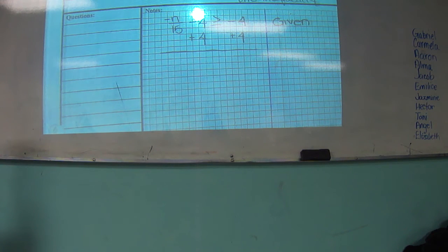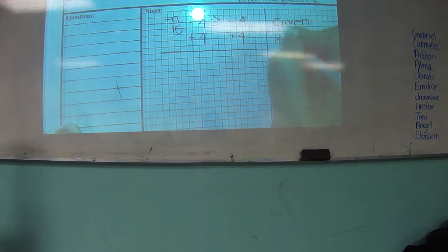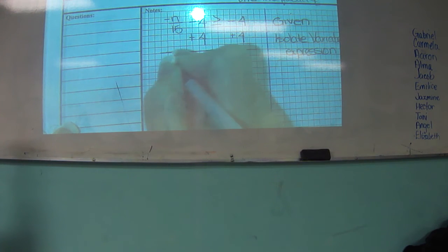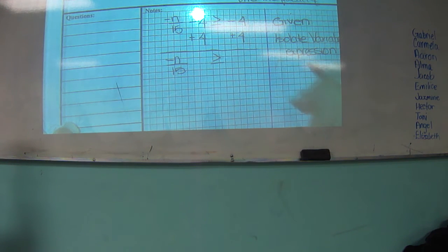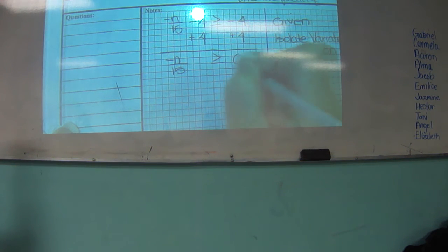Isolated variable expression. Exactly. So when we do it, we isolate the variable expression. So we get negative n over 15 is greater than or equal to 0.